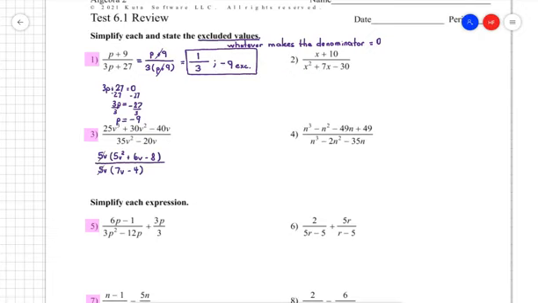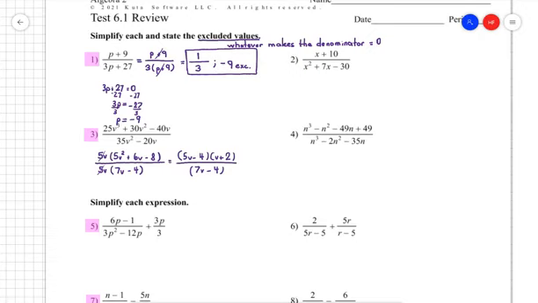And I'm going to factor the top further, which is 5v minus 4 and v plus 2. And so we see that nothing is factoring anymore, so there's nothing that is canceling out anymore.